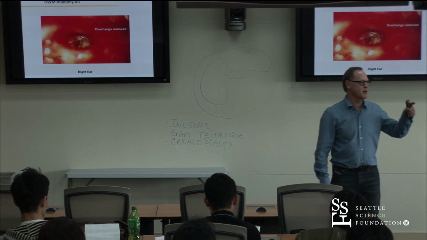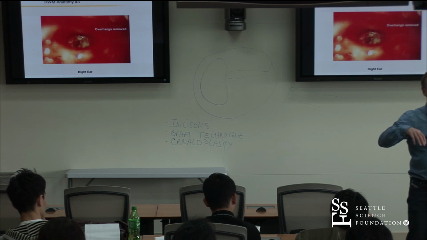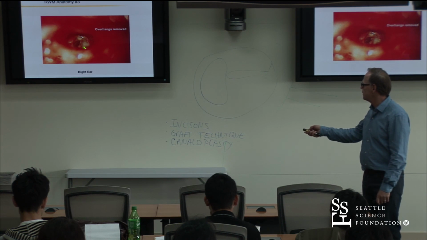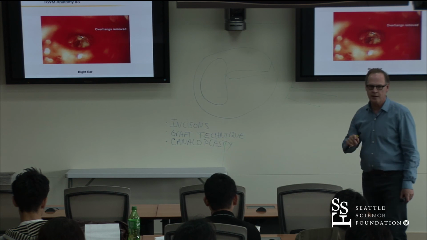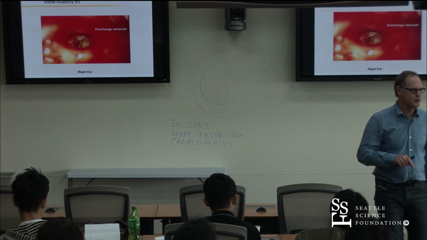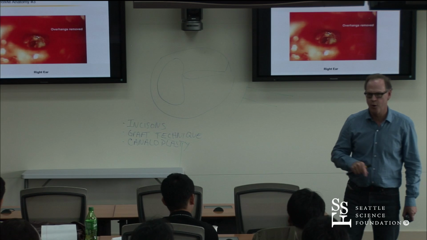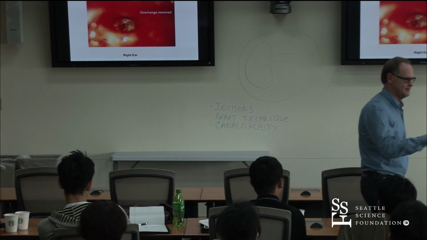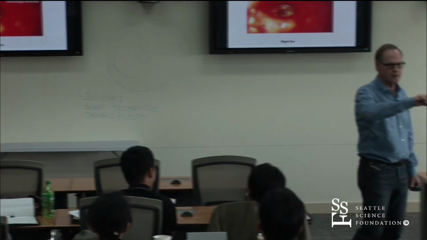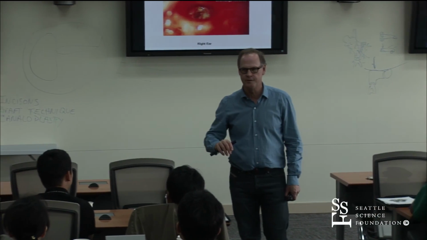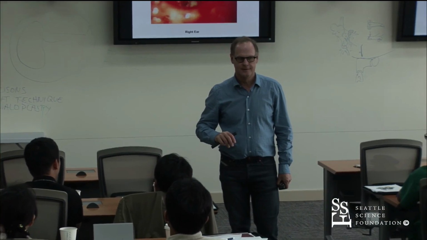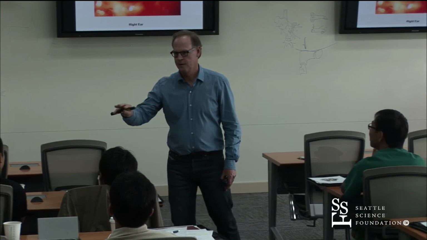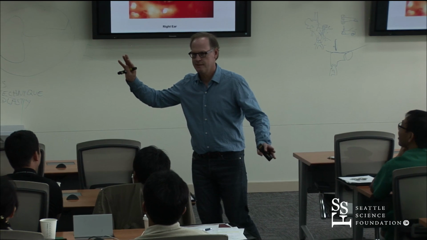Here's a bonus question. What other structure sits in the floor down here? We drilled way down here. What other structure will you find? If you drill in the floor of the round window niche, what will you find? No guesses?